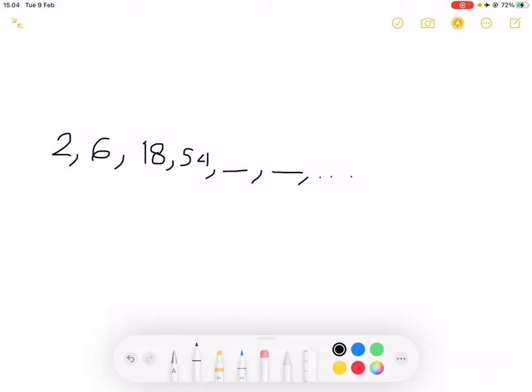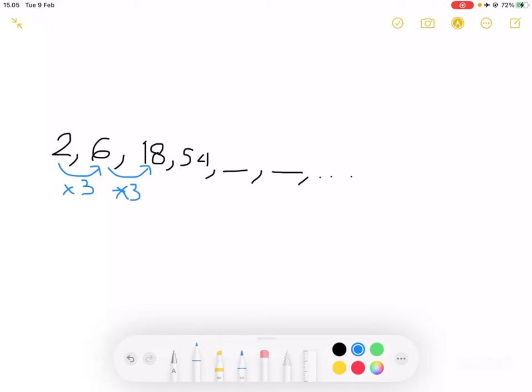Find the next two terms for the sequence. Alright, if you haven't noticed the pattern already, you simply multiply by 3 to get the next term.